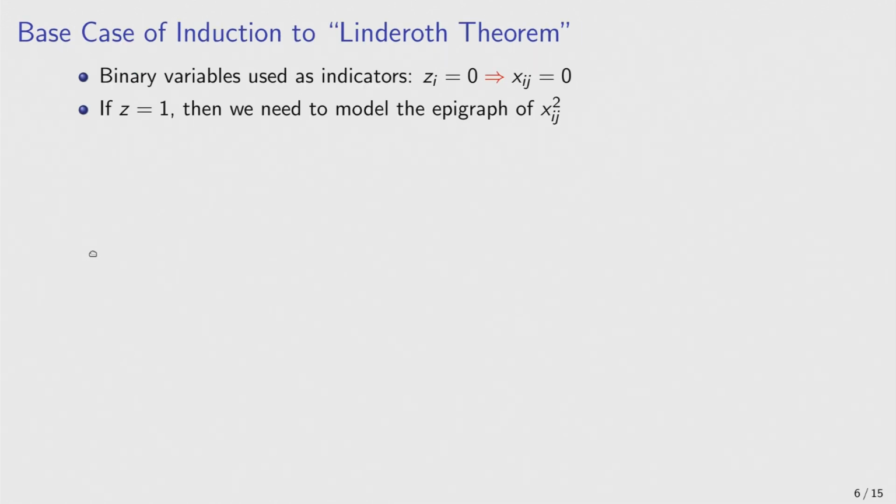So here's a little bit of this Linderoth theorem that said that we use these binary variables as indicator variables. So what we observe is that if z_i is equal to 0, then x_ij is 0. And if z is equal to 1, then we need to model the epigraph of our nonlinear function.